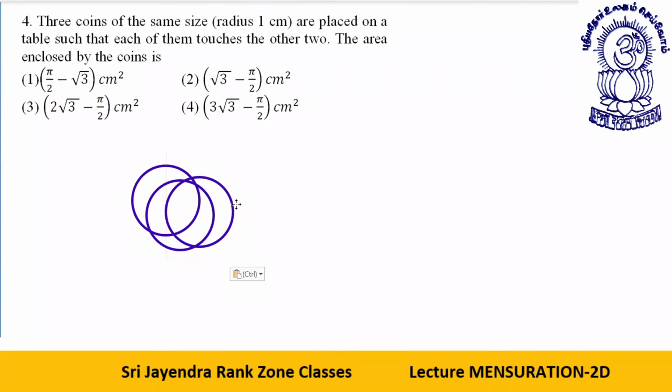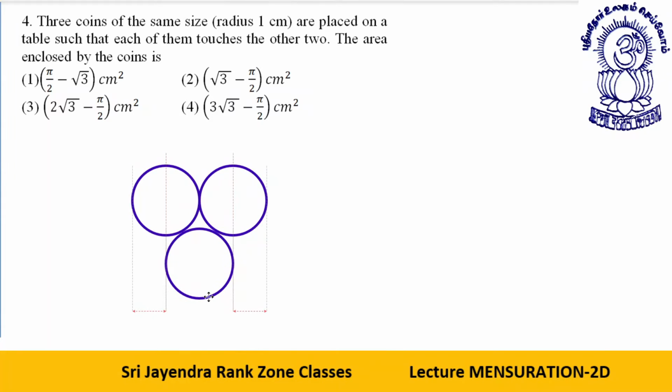I make two copies of this circle. Fine, this is radius 1. Okay, this radius is 1. This is 1. This is 1. This side will be 2. Each of them touches the other two. The area enclosed by the coins is. You have to find this area.